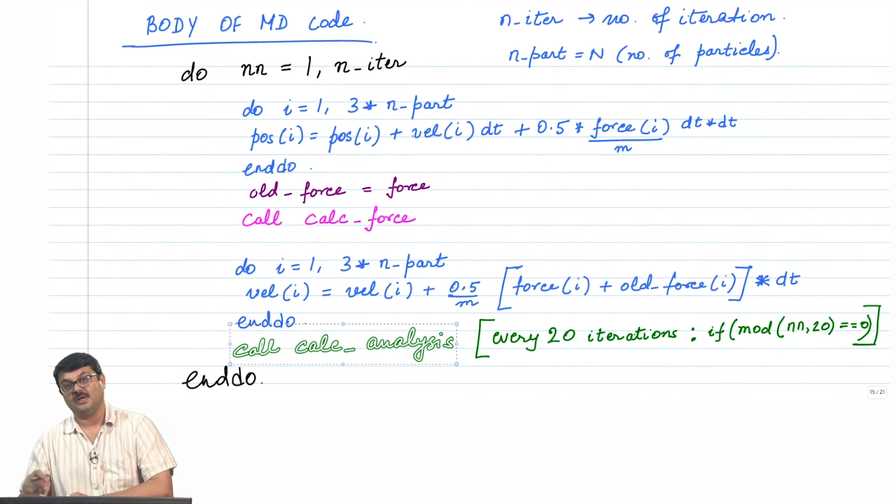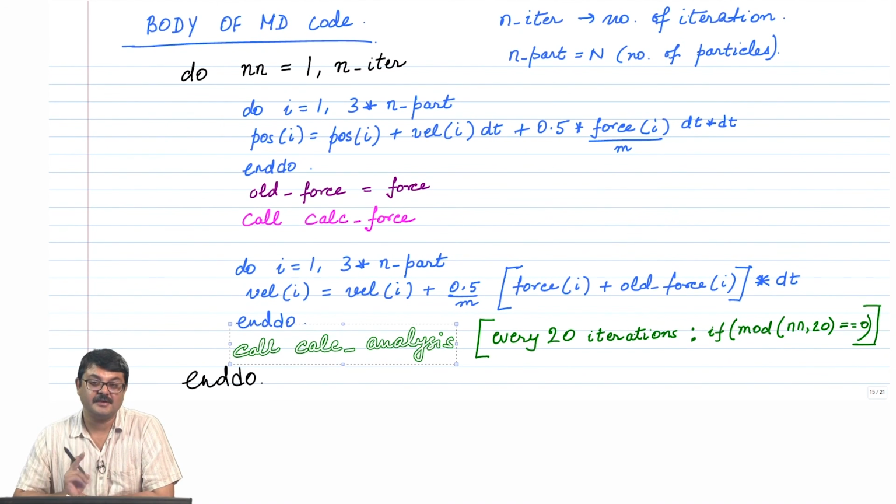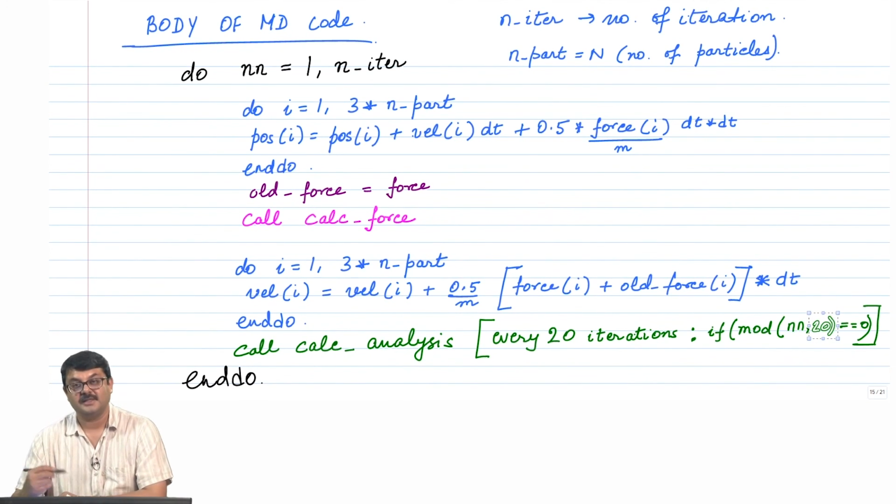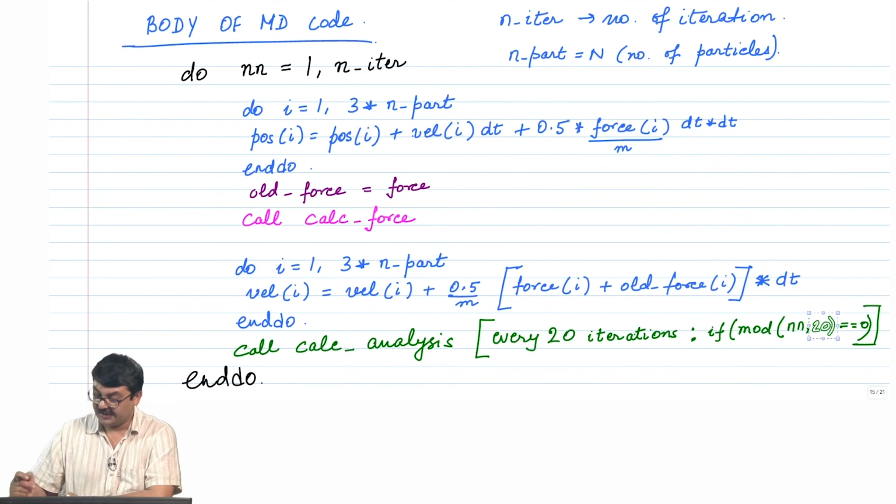If that condition is satisfied, you call calc analysis, which means every 20 iterations, or if instead of 20 you put 100 here, then every 100 iterations it is going to call this subroutine, right.